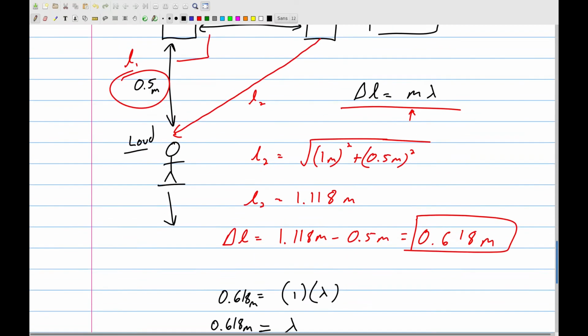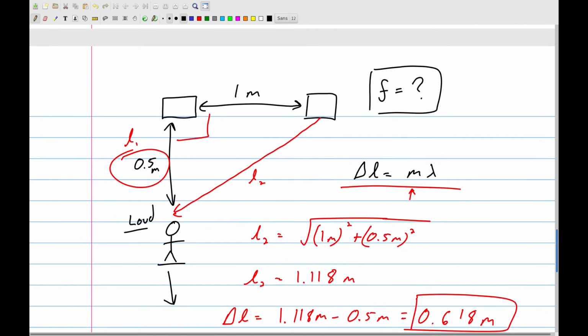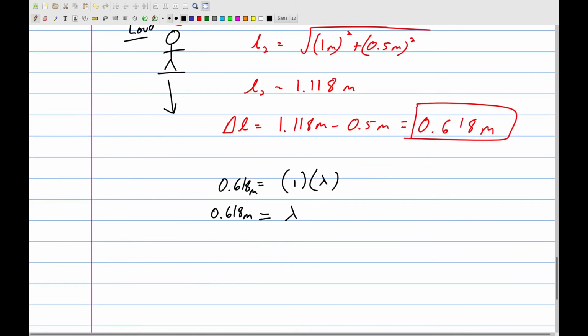Okay. Now that we have that, we can find the frequency because we know this is sound again. So V equals F lambda. Solving that for F, F is equal to V over lambda. That's equal to, speed of sound is 343 meters per second, divided by lambda, which is 0.618 meters.